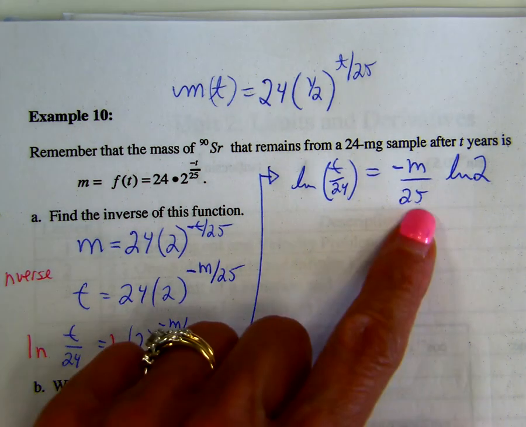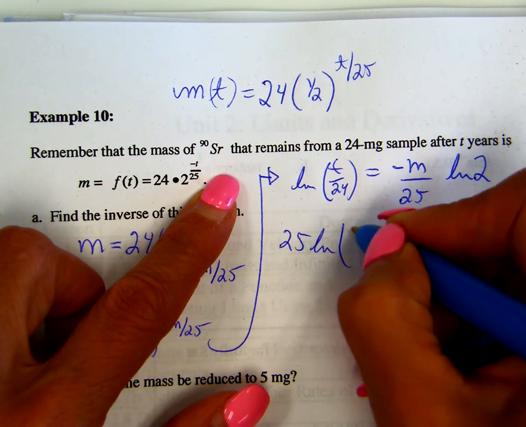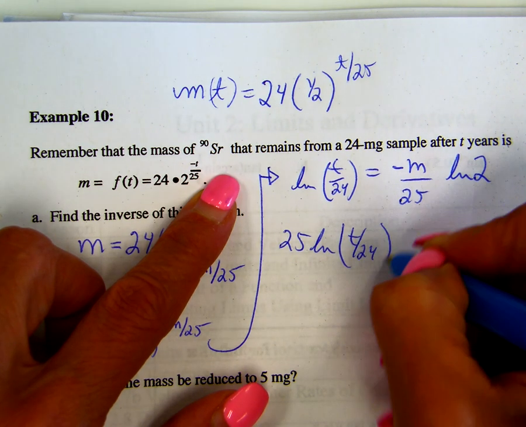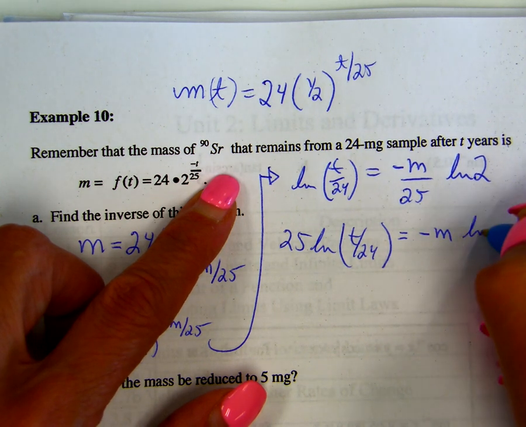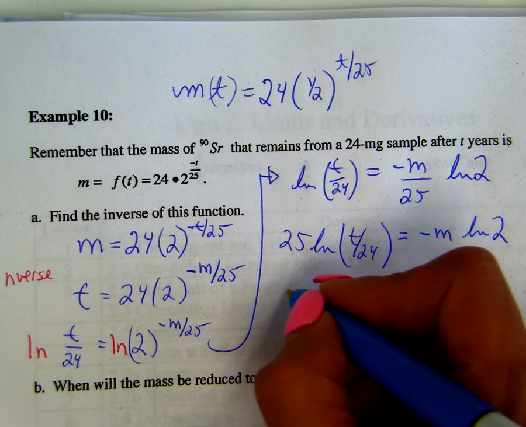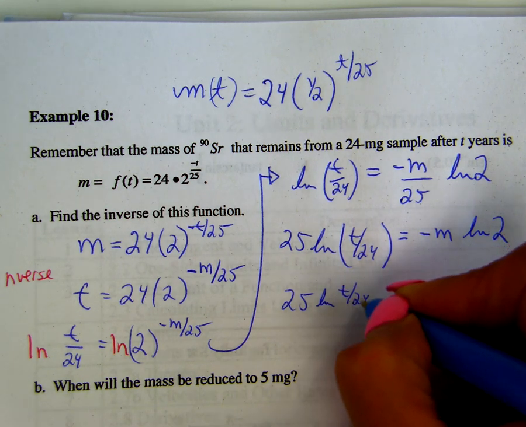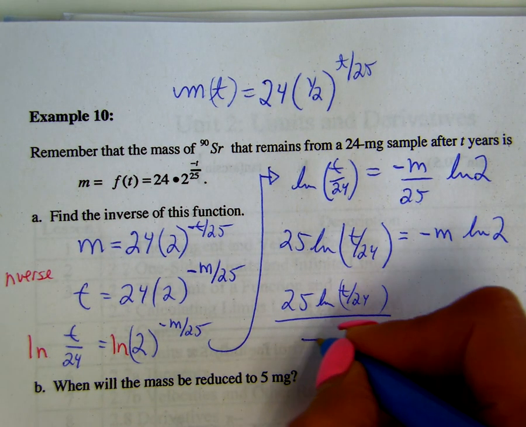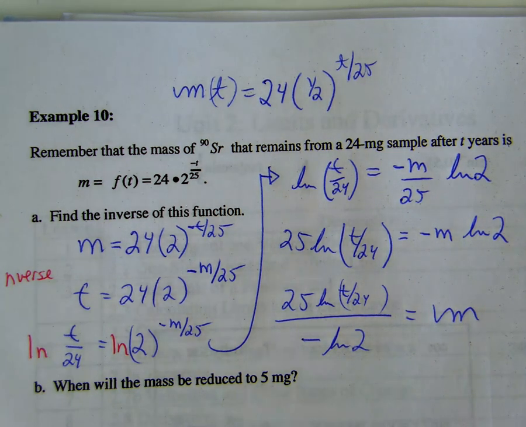Solve this for m. I multiply both sides by 25. And let's divide both sides by negative ln 2. So I've got 25 times the ln of t over 24 divided by negative ln 2 is equal to m. So that's the inverse.